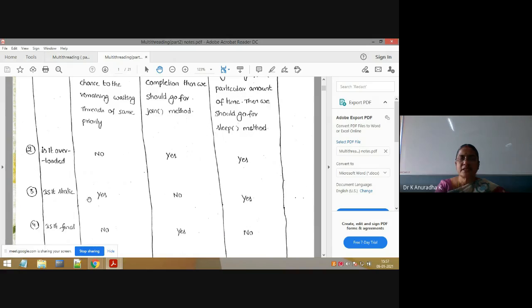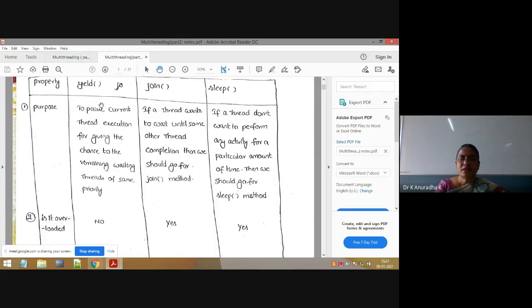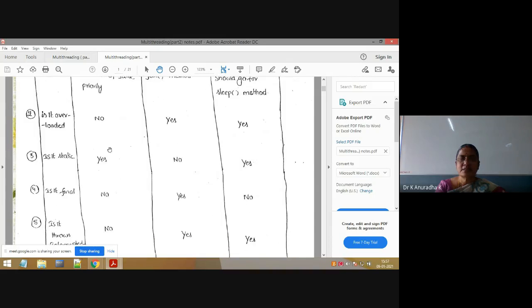Next, is it static? The yield method is a static method. The join method is not a static method. That's why we write t.join() with the reference variable only; inside the main thread I have written t.join. With a reference variable only we have to access the join method.